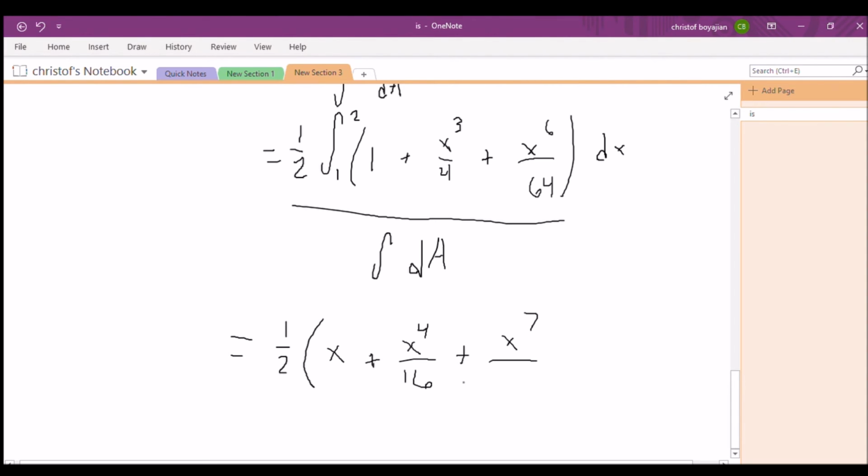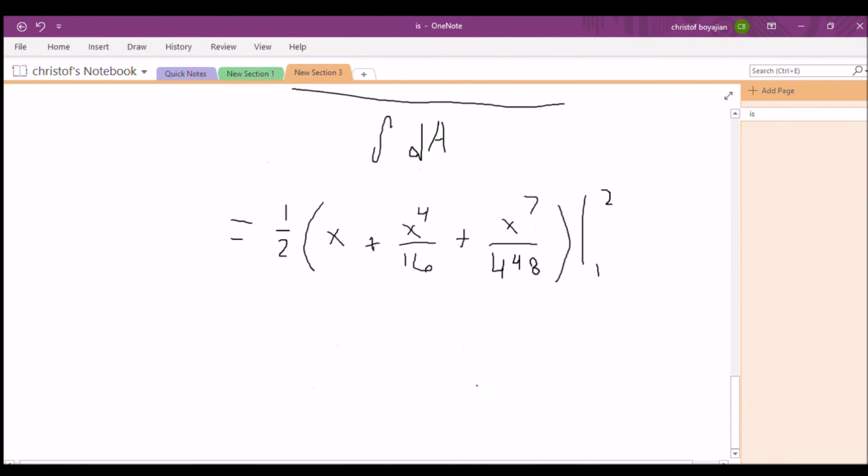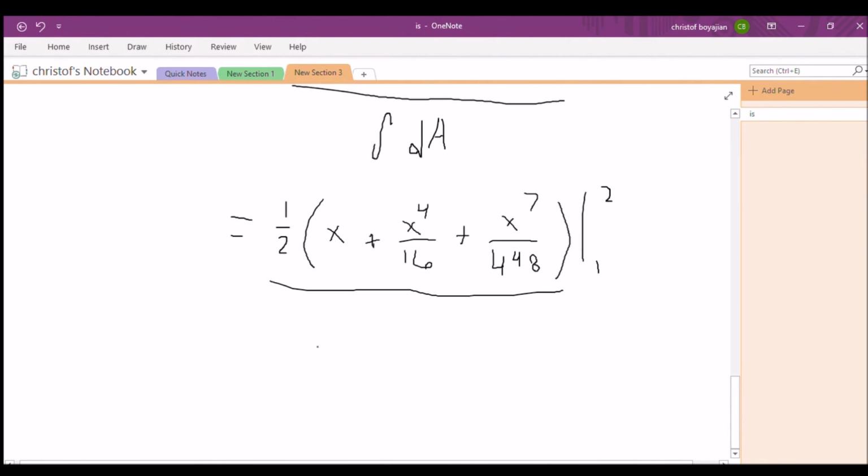Let me see what that is really quick. It's 448. All right, and we're evaluating this with respect to x, from x equals 1 to x equals 2 over our dA.